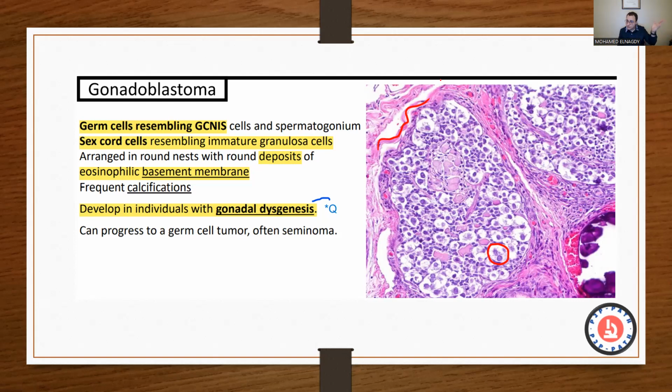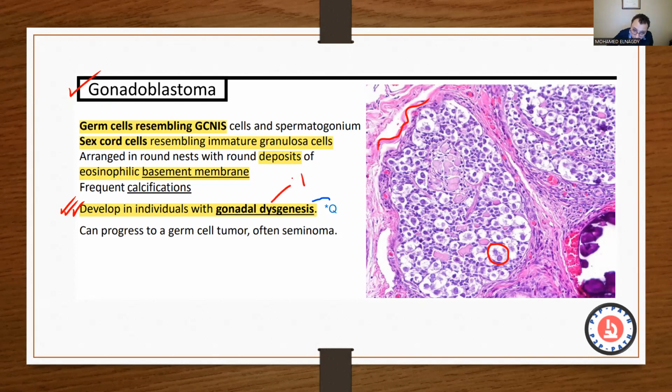What kind of testicular neoplasm is common to develop on top of undescended testis? It's this gonadoblastoma thing. It develops in individuals with gonadal dysgenesis and undescended testis also. But gonadal dysgenesis is even more common. I believe undescended testis is more commonly associated with seminoma. That's what I remember. Yeah, it's more associated with seminoma.